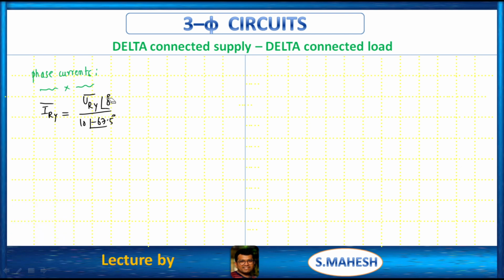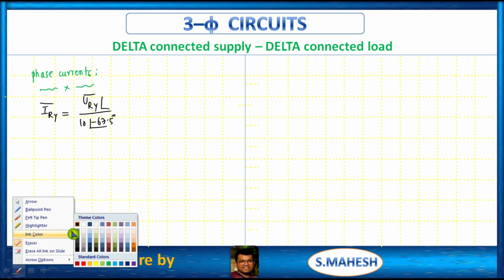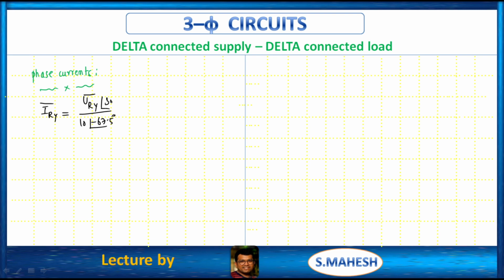See, provided 30 degrees, right? What is the value of VRY? That is 30 by 10, which is equal to 3. 3 at an angle 97.5 amperes. Like that, IYB, which is equal to 3 at an angle minus 22.5, right?